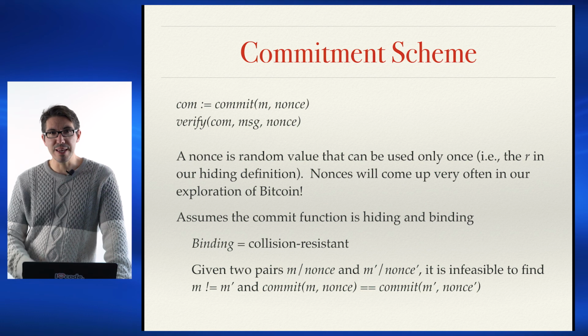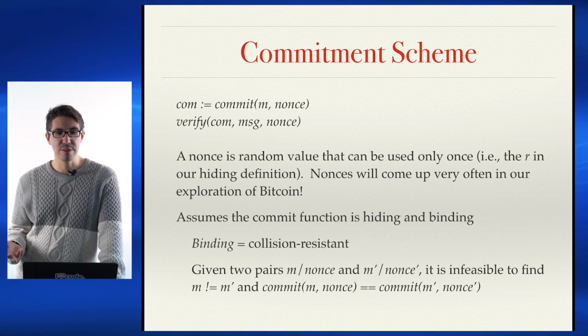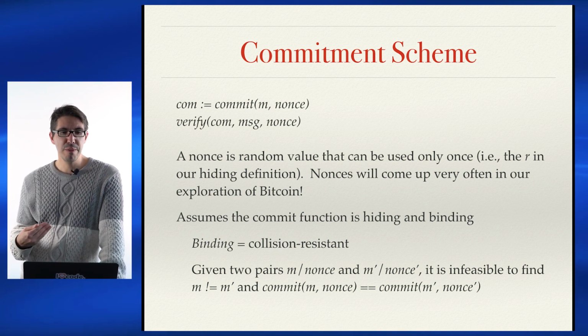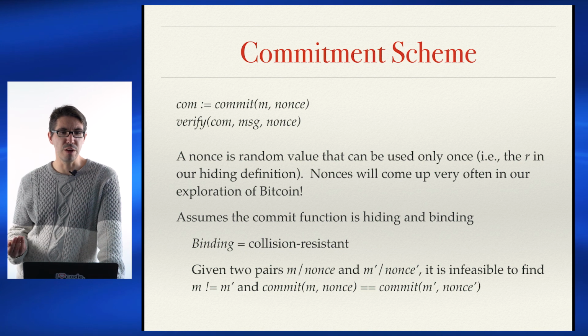So a commitment scheme will allow you to do this and later reveal what your message was and do it in a verifiable way. So the commitment scheme consists of two functions, commit and verify. With commit, you take a message and add a nonce. This is just some random value that can be used only once.